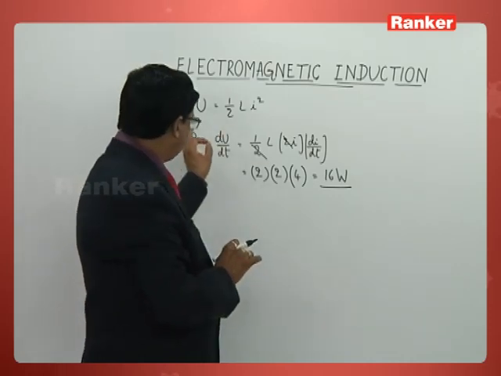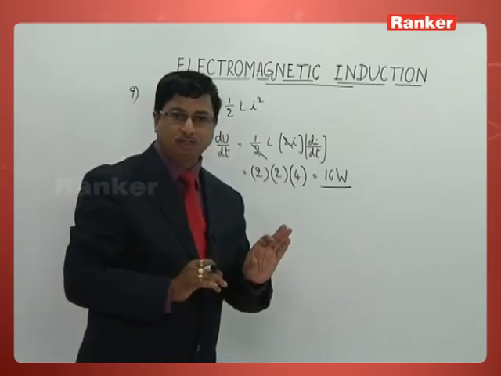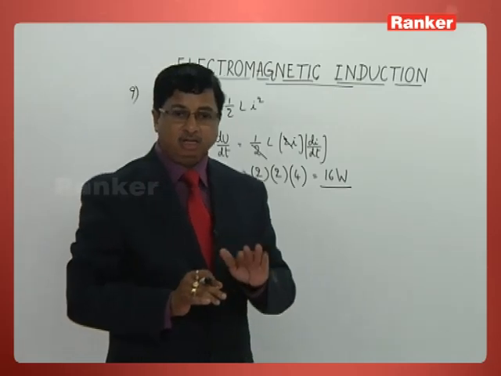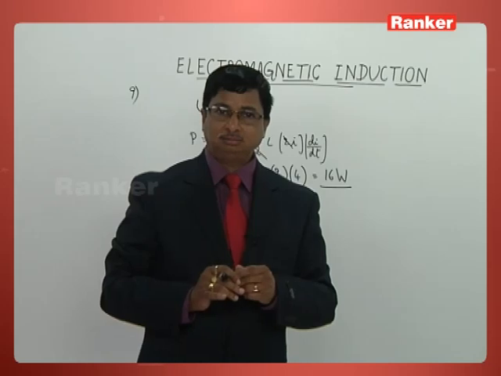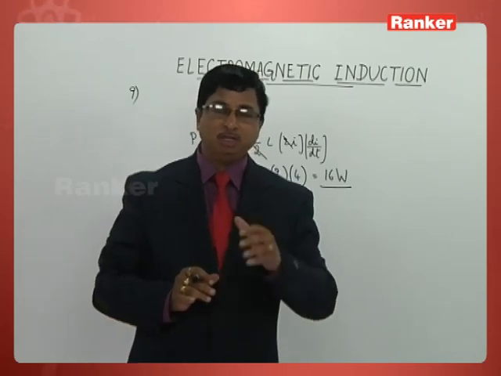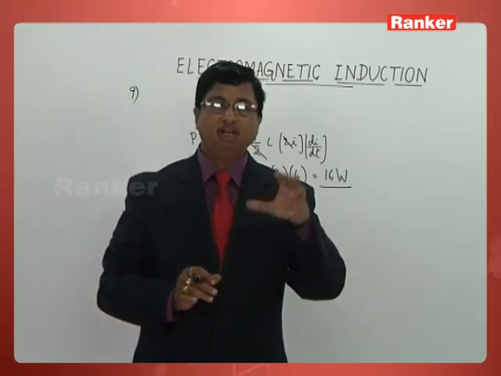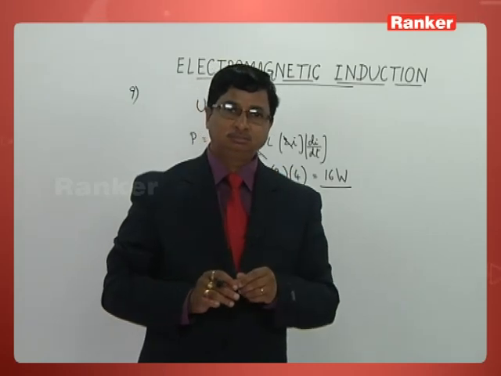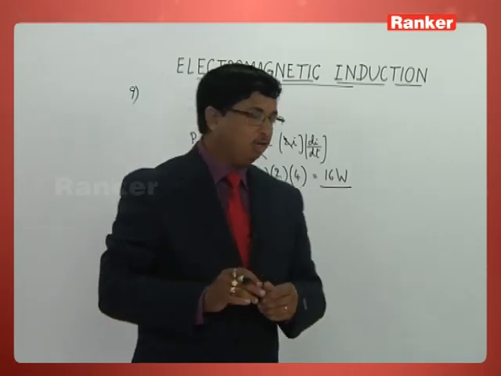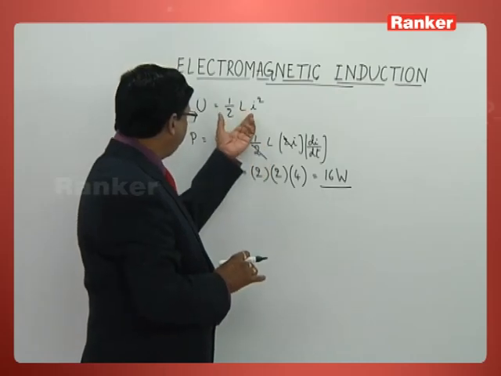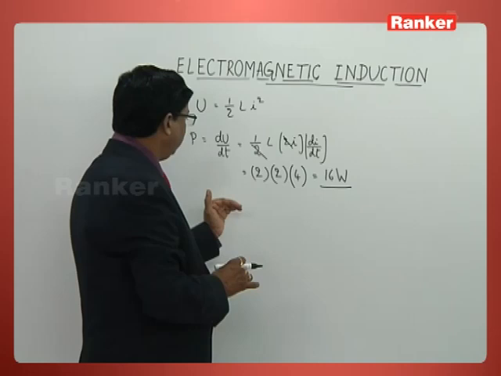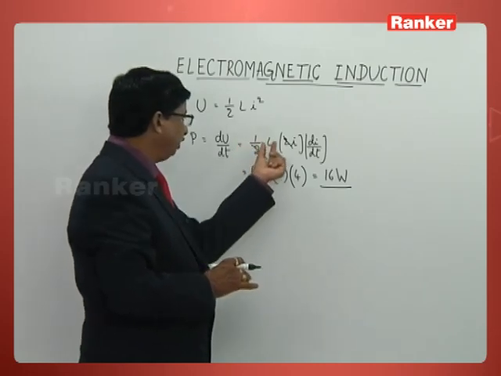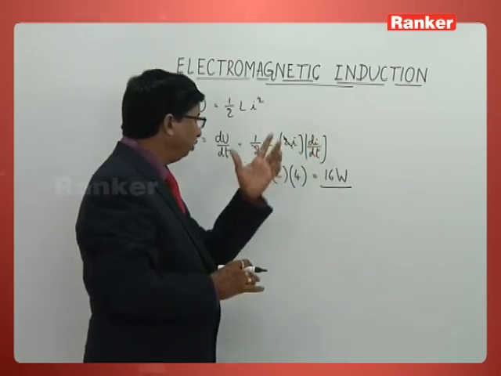So what is the concept here? You try to understand. He is asking you the energy stored in the inductor per unit time. Per unit time means the rate of the energy stored. The rate of the energy stored is nothing other than the derivative of half Li square. You take the energy like dU by dt, which now becomes half of L into 2I into di by dt.